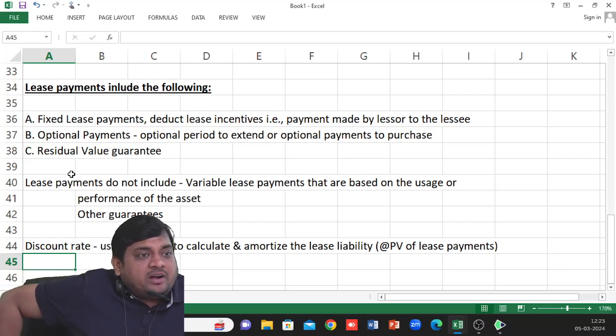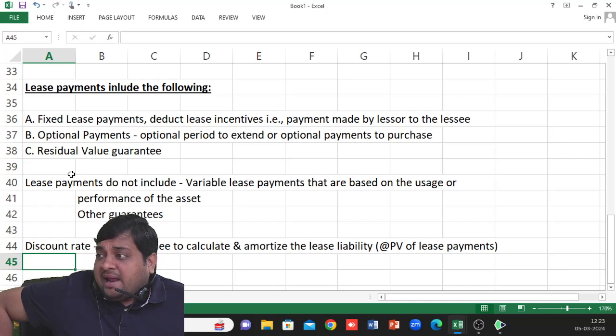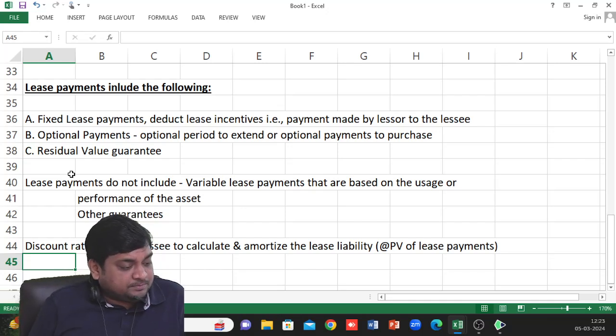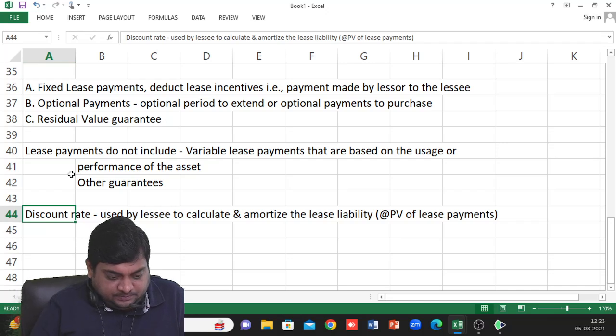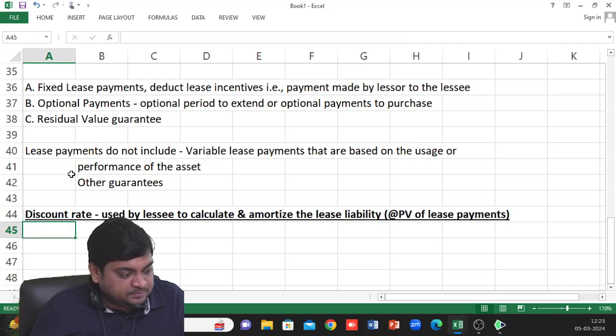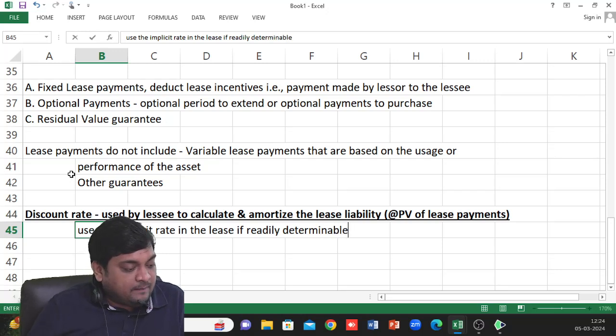So what is the discount rate? Generally it is the implicit rate of the lease contract, right? So use the implicit rate in the lease if readily determinable.